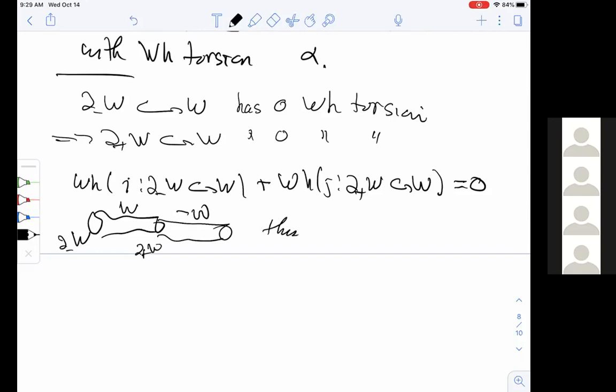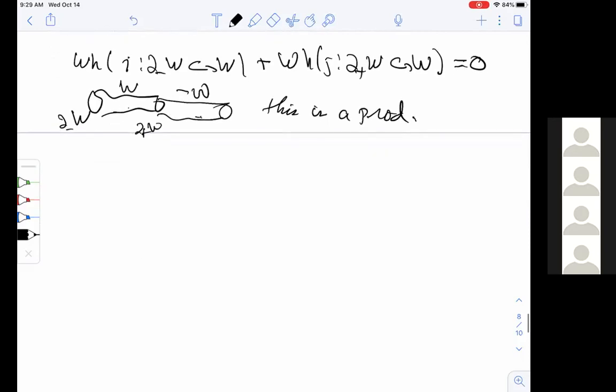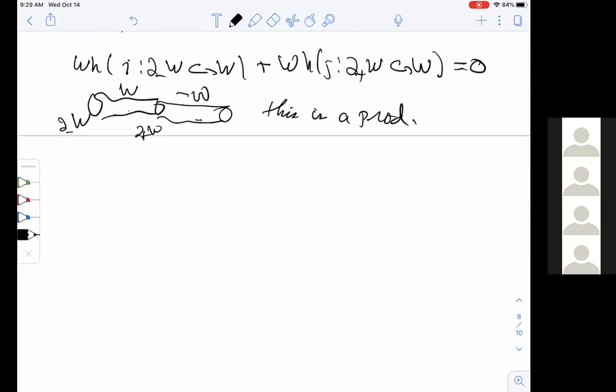This is a product in high dimensions, because the Whitehead torsion of this one is the opposite of the Whitehead torsion of that one. So the Whitehead torsion of this whole thing is trivial, and therefore it's a product. So you have these interesting s-cobordisms that lie inside products. The way you've sliced is somehow non-trivial. All right, so much for the asides.